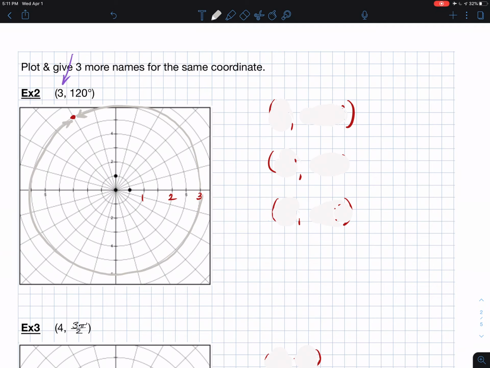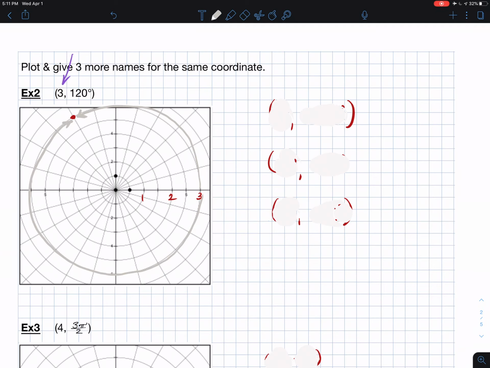Do you see how I was supposed to plot, which I already did, but then I'm also supposed to give 3 more names for the same coordinate? Well, I could, for that coordinate, have the positive version, which I just drew, or I could have the negative angle version. Both of them will land me at the same spot.